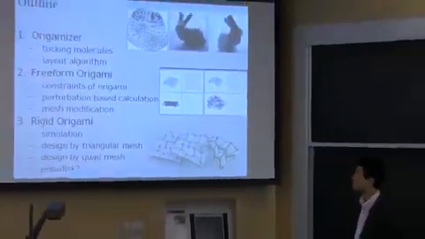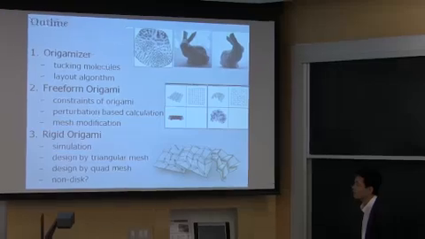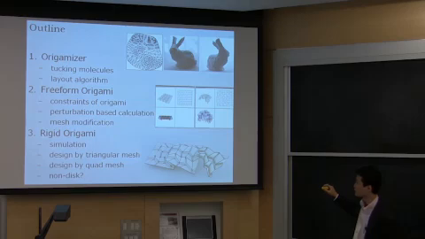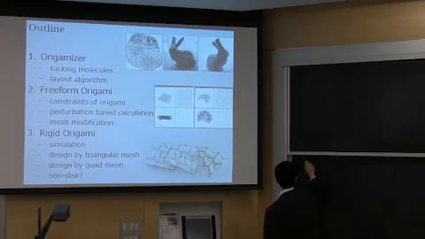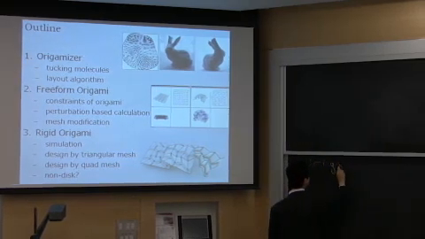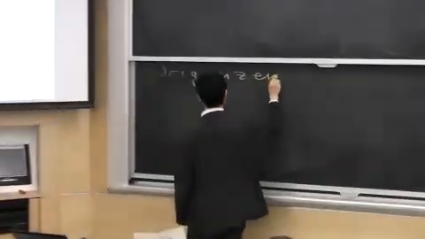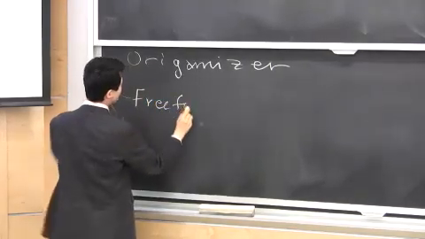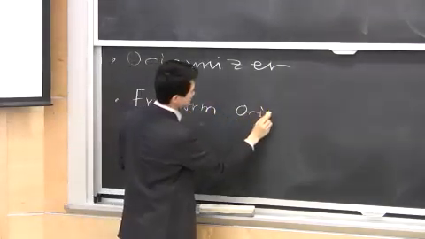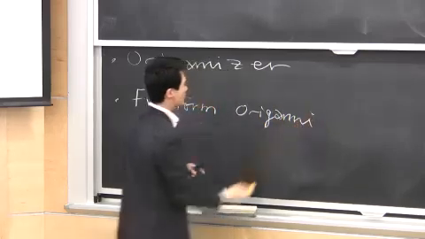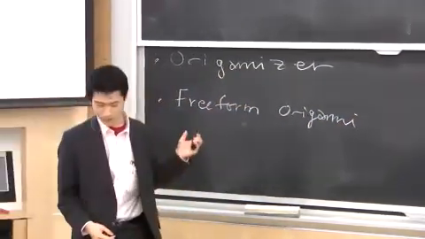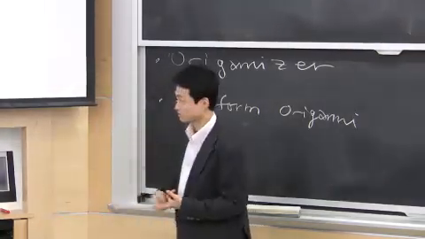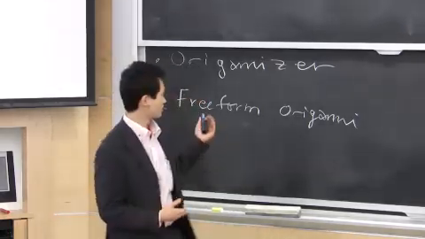First is Origamizer. I'm going to talk about basically the software systems I've been developing. One is Origamizer. Some of you have attended Eric's class and saw the theoretic side of the Origamizer algorithm.